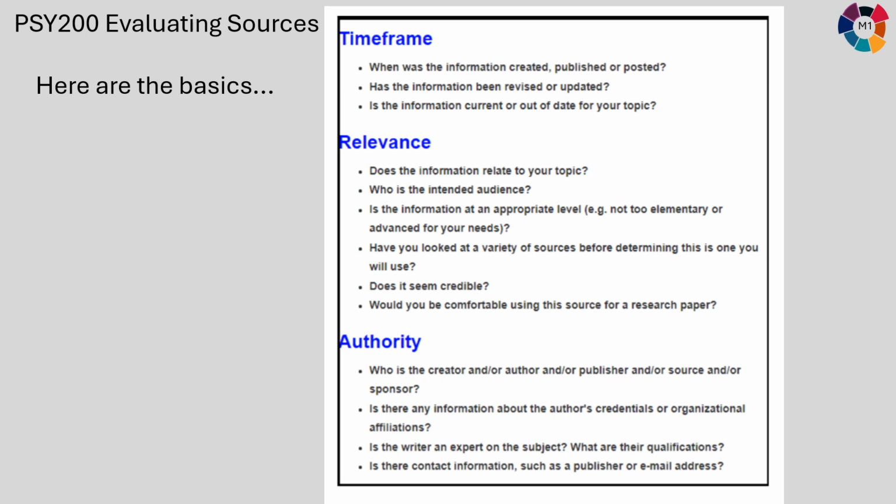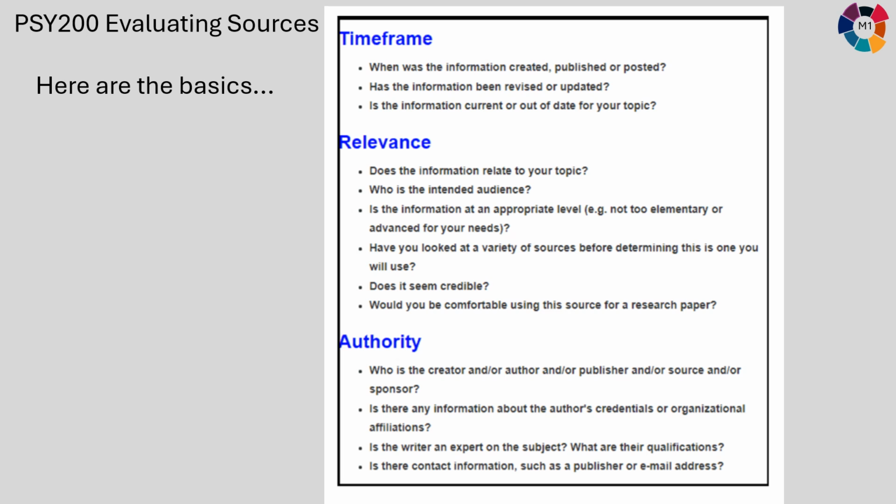Obviously we don't need to contact them, but it is unhelpful if someone says, my name is Joe Smith, and then they don't say where they work, where they're from, they don't offer contact information, and you can't figure out who the publisher really is. It's listed, but you've never heard of them. So be mindful that the author and the publisher matter.